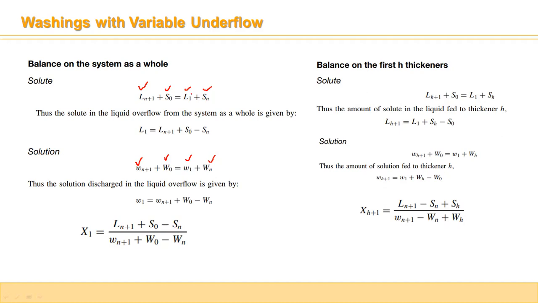We solved for L1, and we took the denominator solving for small w1 or omega 1. So my question is, if this is the concentration of your solute in the final wash water, removed as product of leaching, what is the concentration of the solute in the underflow slurry for thickener number 1?